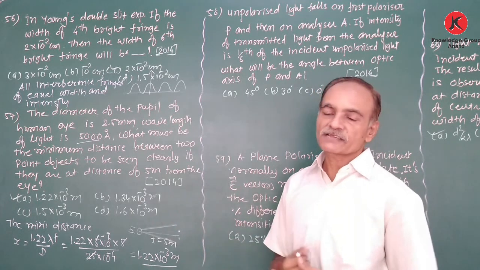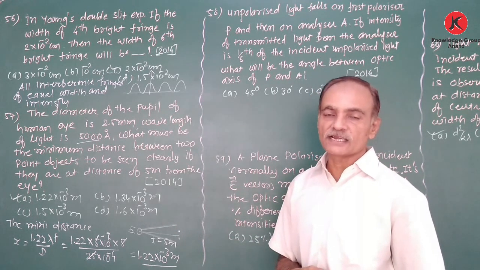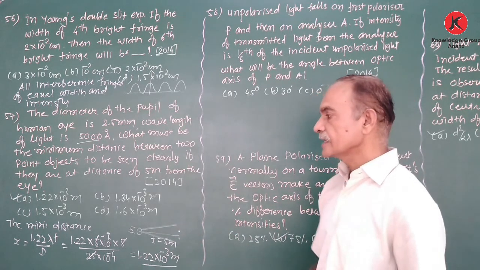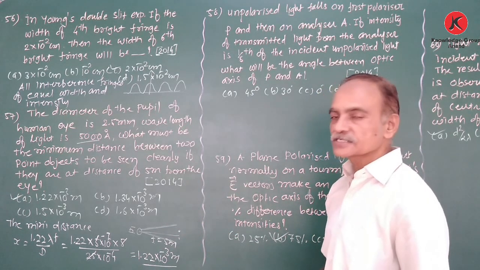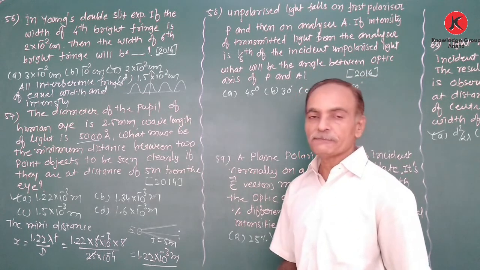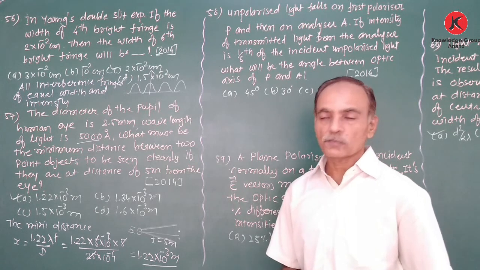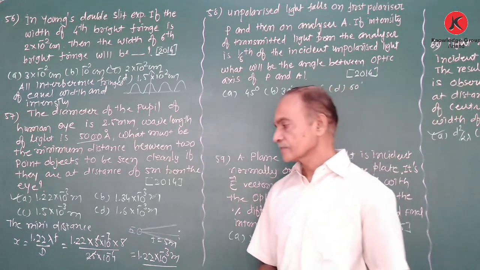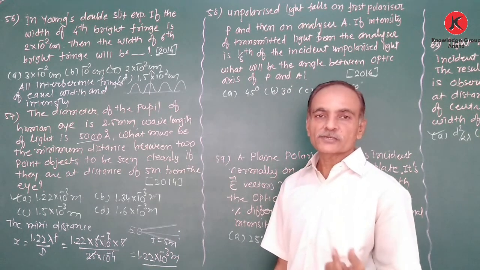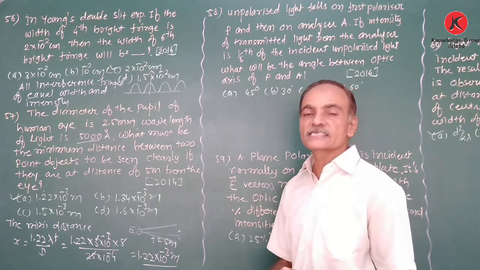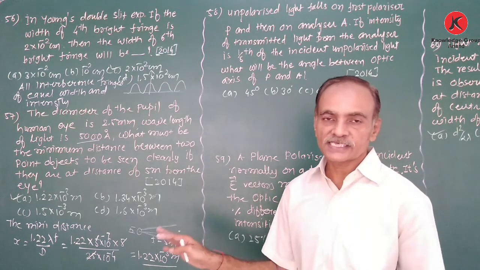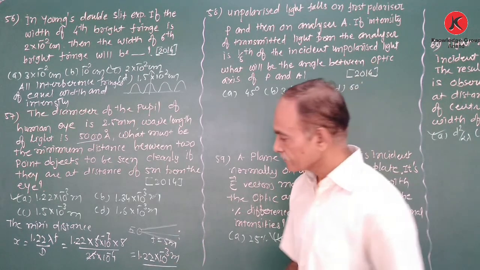For that purpose, the equation of the minimum distance is x is equal to 1.22 lambda f upon capital D. Here, lambda is the wavelength of the light used, f is the distance of the object from the eye, and capital D is the diameter of the pupil of the human eye. Substitute the values. So thus we find that if the two objects are separated by this distance and are at 5 meter distance from the eye, we can see their image clearly.